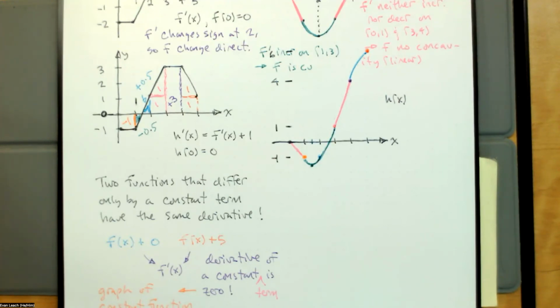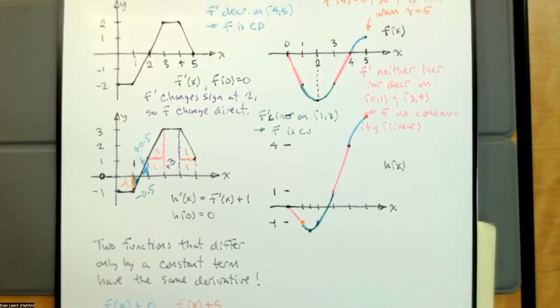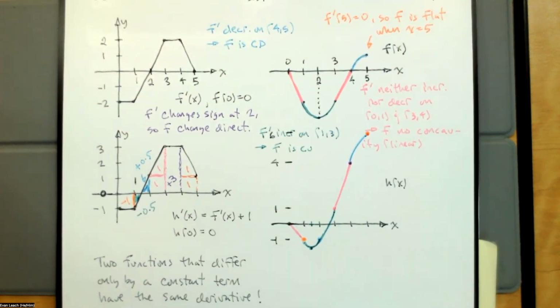Notice that for h of x, I did something different at 5. What's the difference between h of x at 5 and f of x at 5? What else did I change? f is flat when x equals 5. Should I draw h flat when x equals 5?